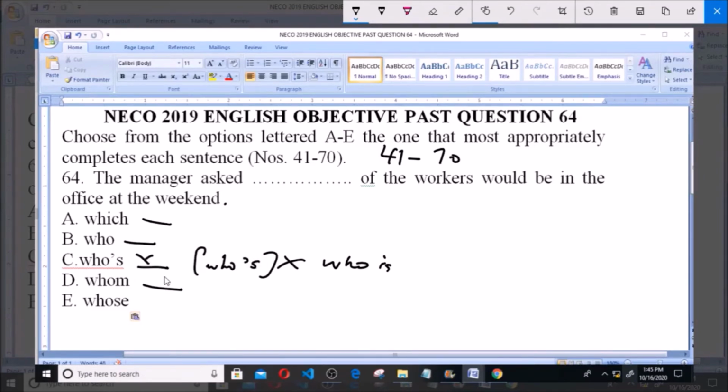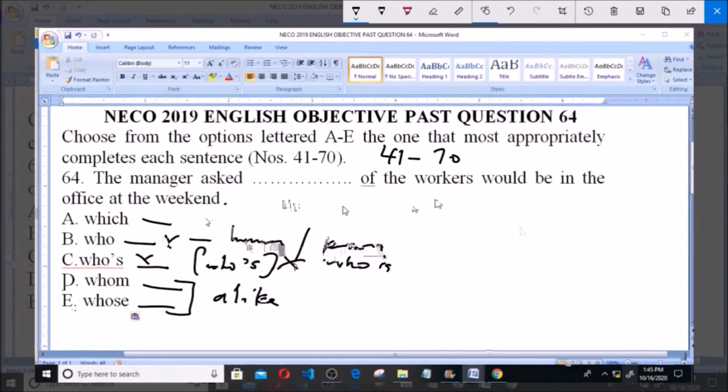Then whom and whose are similar, or the same. Then we cannot use who here because who here is a relative pronoun that represents a human or a person. So the manager asked who of, imagine, the manager asked who of the workers.